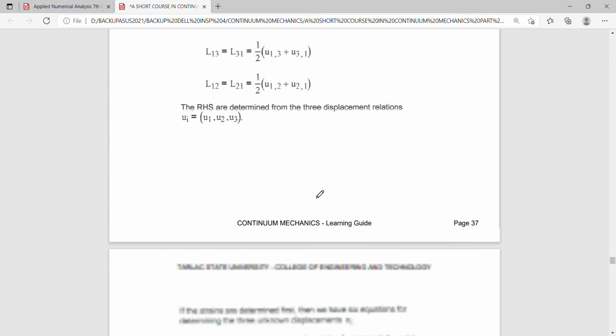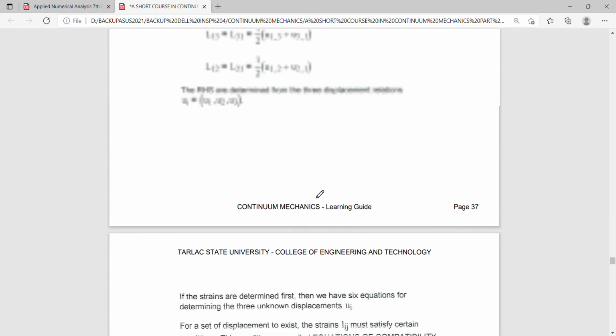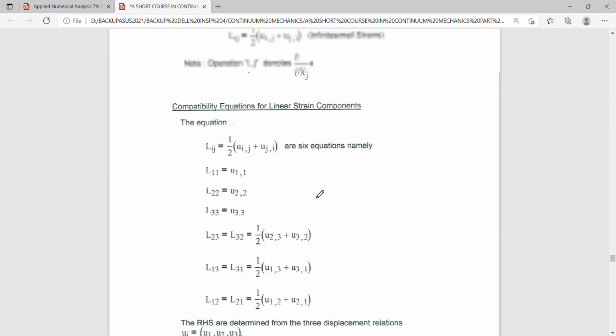So let's talk now on the compatibility equation for linear strain components. So compatibility equations are very important for counter-checking the consistency upon which the particles are moving.